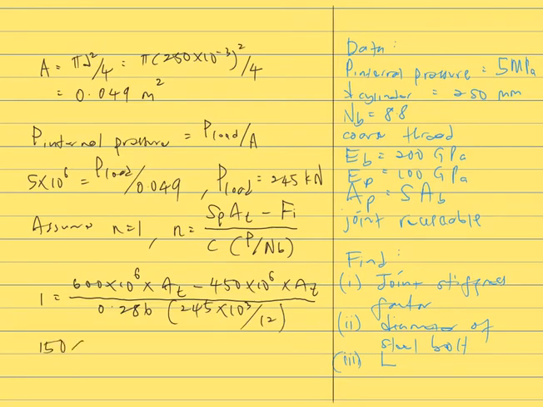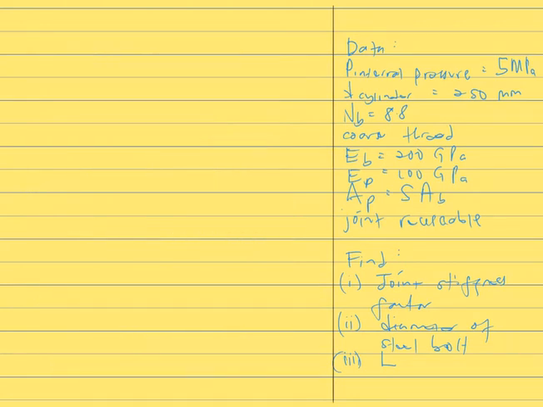So 150 mega times At is equal to 5.839 power of 3. So at the end we get the value of At equal to 3.893 power of negative 5 meter squared. So refer to table 2.2.